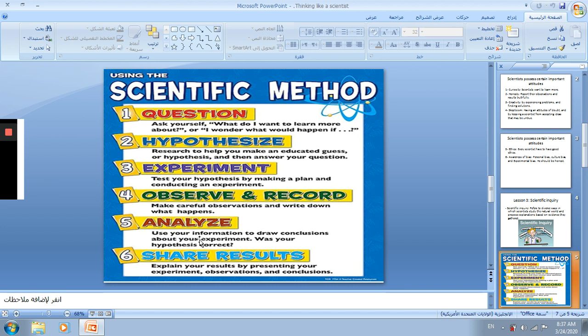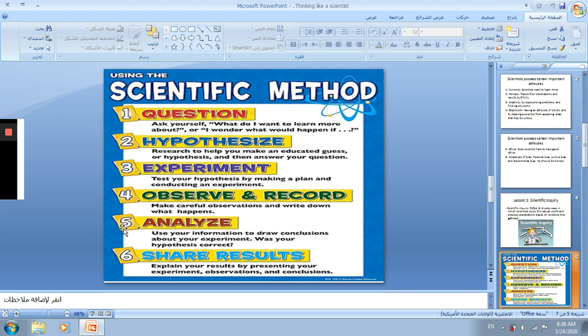So use your information to draw conclusions about your experiment. Was your hypothesis correct? Analyze gives you an answer whether your hypothesis is correct or not correct.